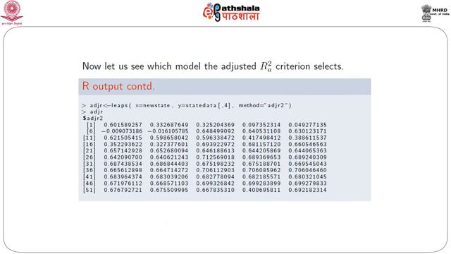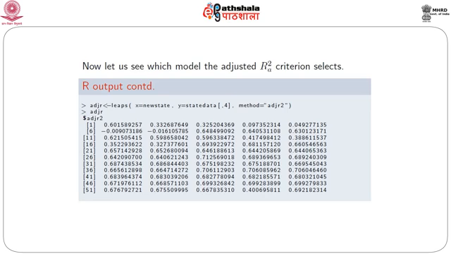Now, let us see which model the adjusted R square criteria selects. So, here in the R output, we have the CP calculated from the 55 models by taking all possible combinations of the predictors. In each of these models, the reader can go back to the previous output and see how many predictors were included. For instance, the first model here contained only one predictor, only one true was present and all the others were false.